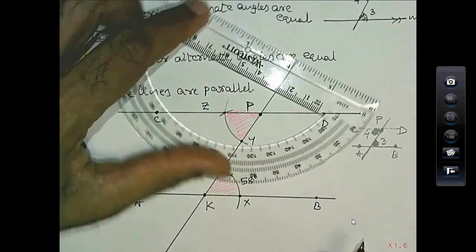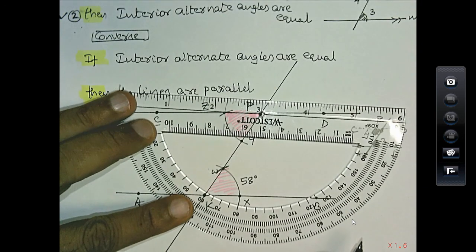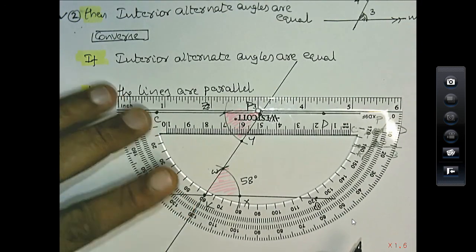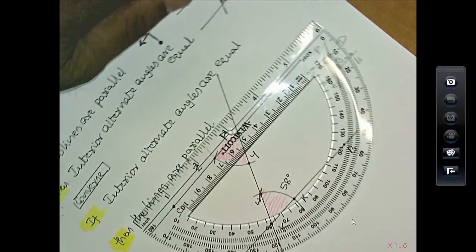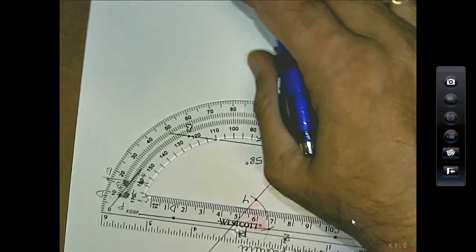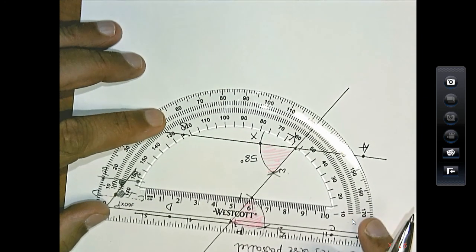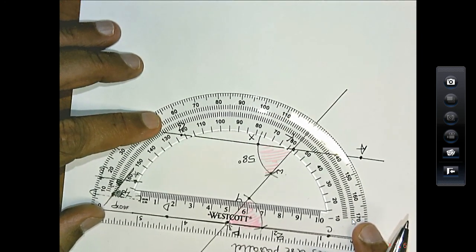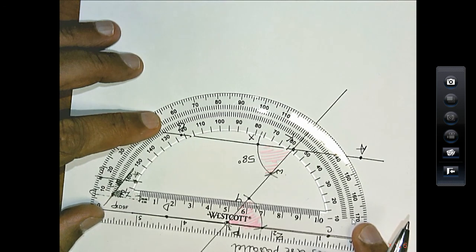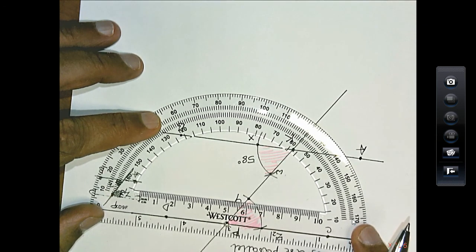There are two options. You can measure this way, or if you have a hard time, you can rotate the paper this way, and you can measure the angle. So let me measure it.